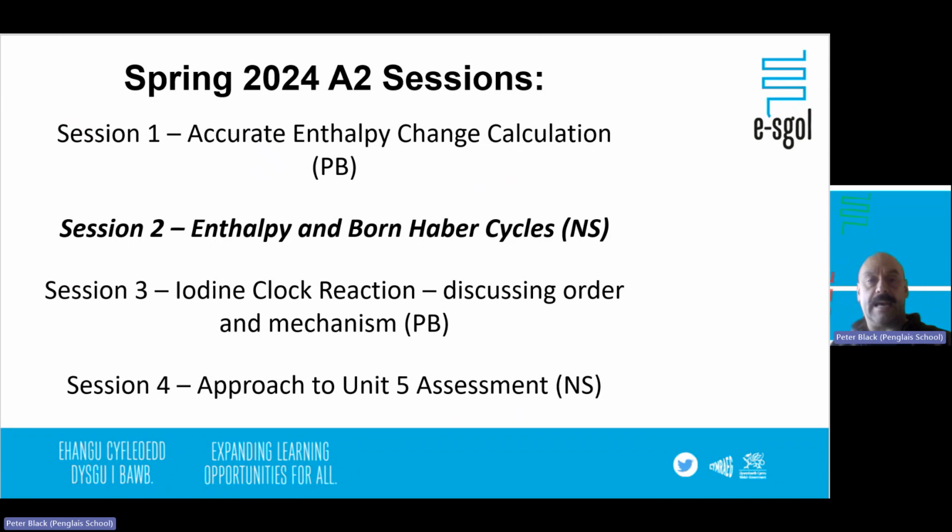We've also looked at your percentage error, and we've looked at issues surrounding measuring enthalpy changes using this method. So quite a lot done there. So you can see that your session 2 will be on enthalpy, which is really important for what we've just been doing, and Born-Haber cycles, which are always fun. Okay, so I hope that session was useful to you, and I'll leave you there.